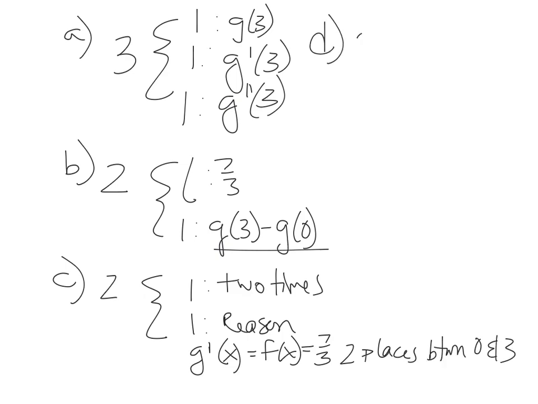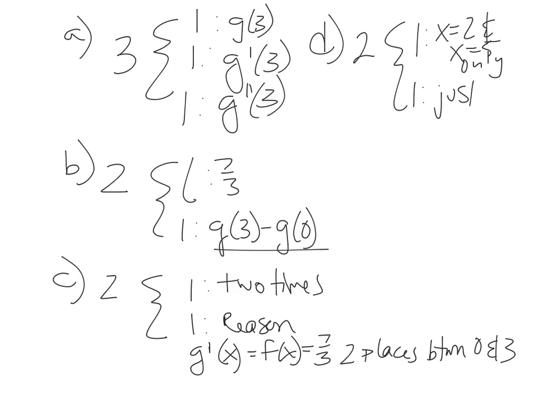Part D is worth 2 points. You get 1 point for having x equals 2 and x equals 5 only. And then you get 1 point for your justification.